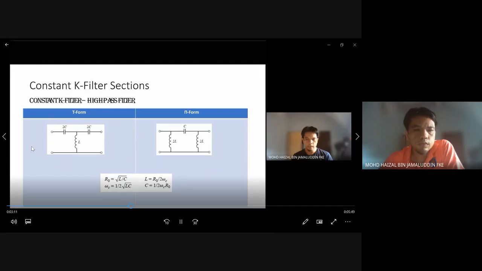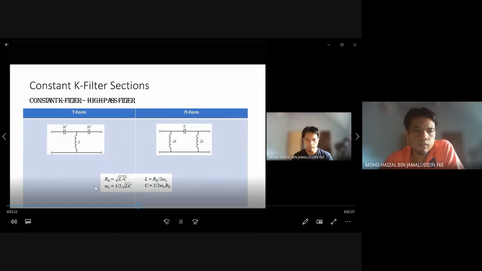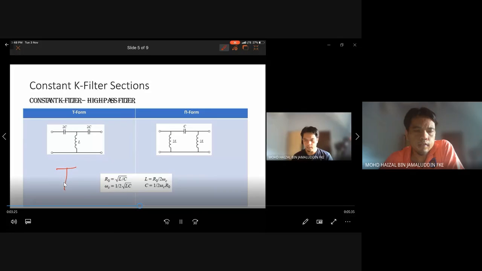So this one is for the high pass filter. This one is the high pass filter T section, and this one is the high pass filter pi section.